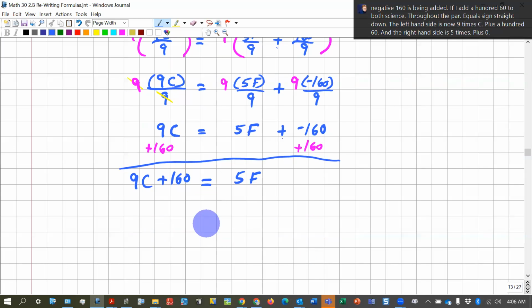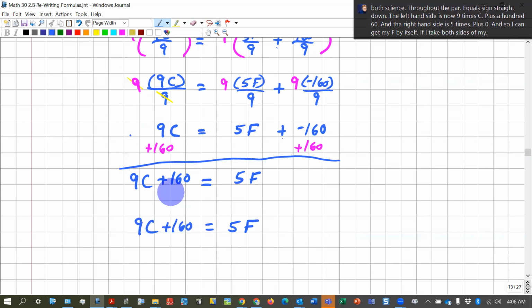And so I can get my F by itself if I take both sides of my equation and I divide by 5.